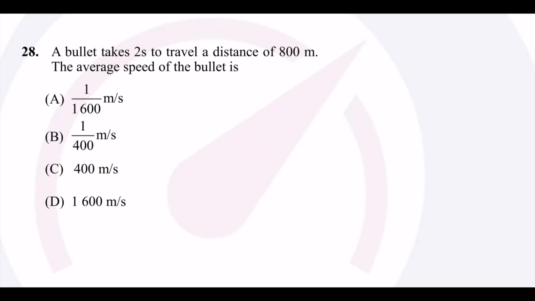Question 28. A bullet takes 2 seconds to travel a distance of 800 meters. So the average speed of the bullet is... we know that speed is equal to distance over time.